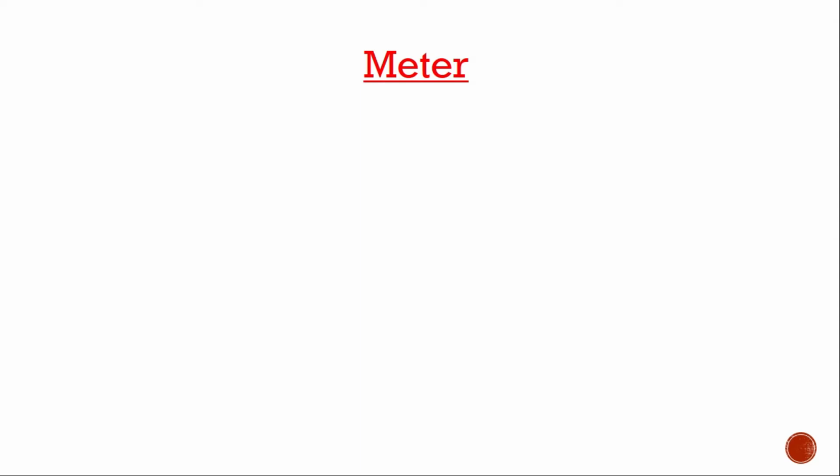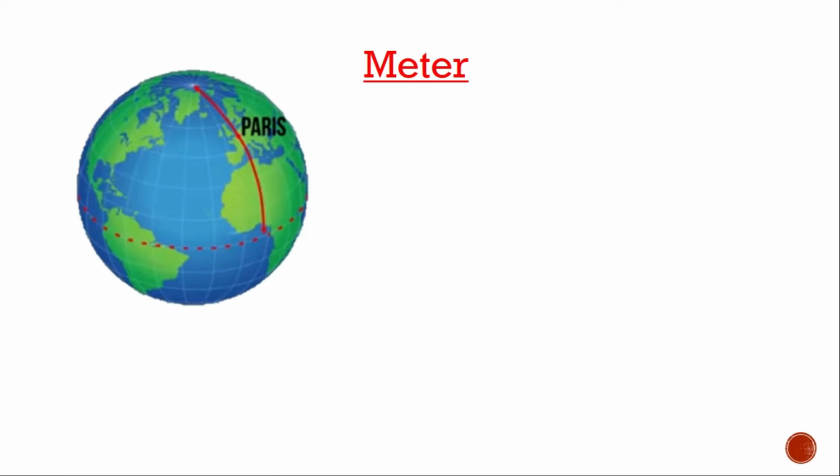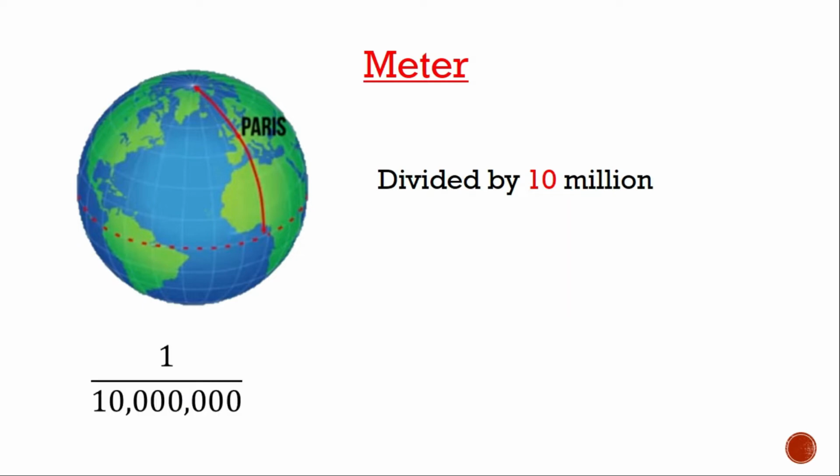In order to create the meter, the scientists at that time took the distance between the equator and the North Pole passing through Paris and divided it by 10 million. And this fraction of length, which is the 1/10,000,000th of this distance, was taken as 1 meter.